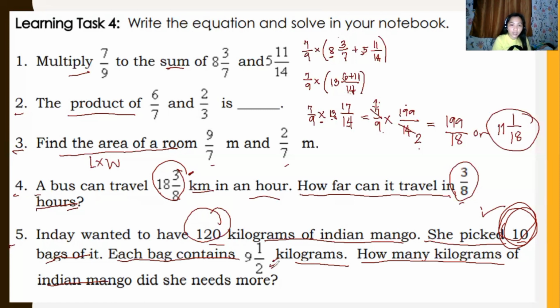Ngayon, the question is, ilan pa daw yung kailangan niya na kilograms to make it equal to 120 all in all, 120 kilograms of Indian mango. So yun yung problem ni Inday.